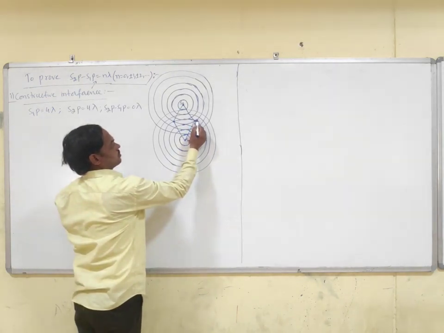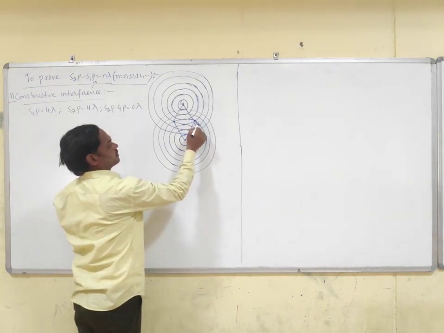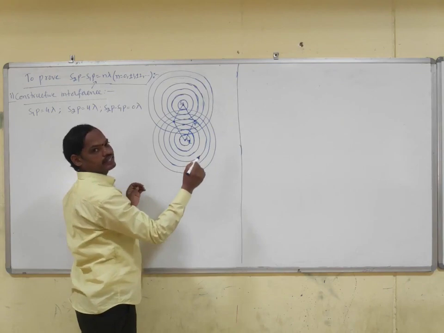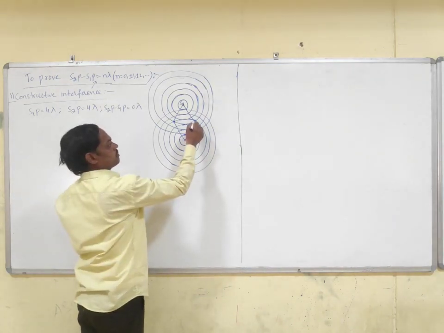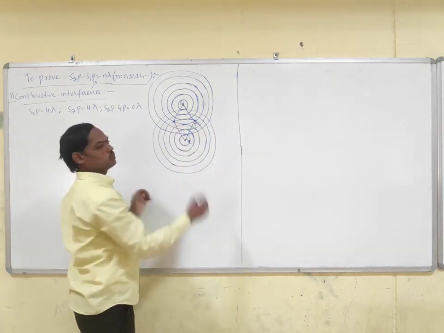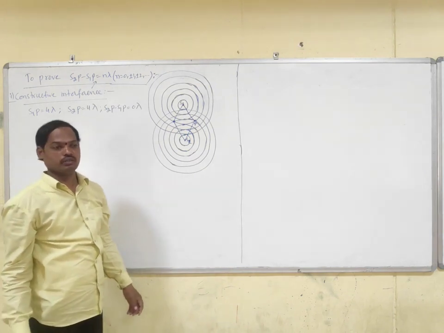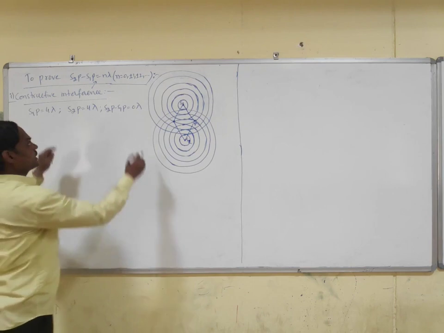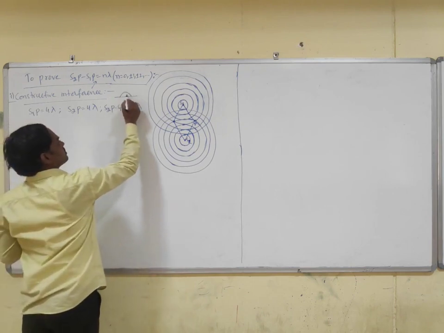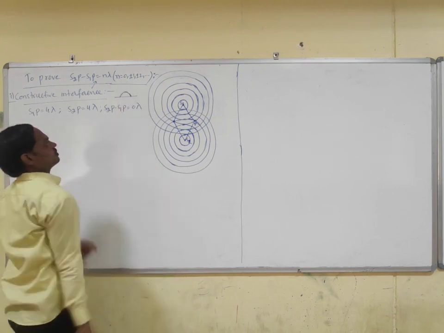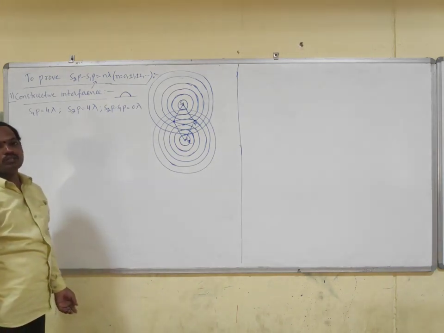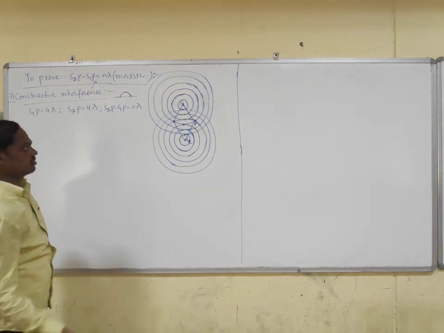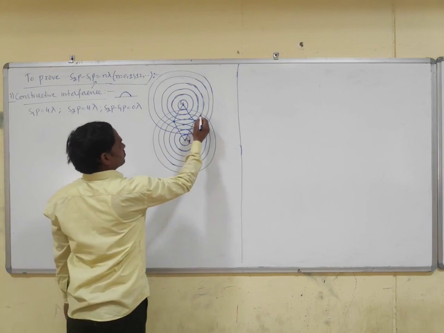Look at this. These highlighted lines indicate the crest points. So at this point and at this point, two crests are overlapping. Crest and crest overlapping means constructive interference, like this. So it is A1 plus A2, which is 2A. Already we discussed.